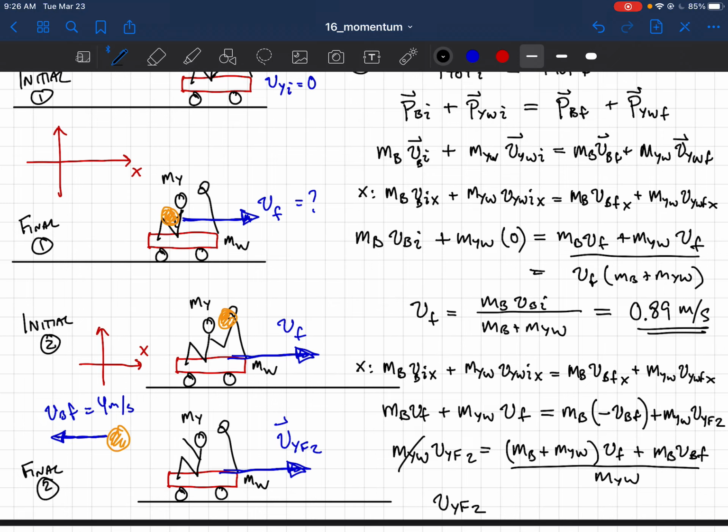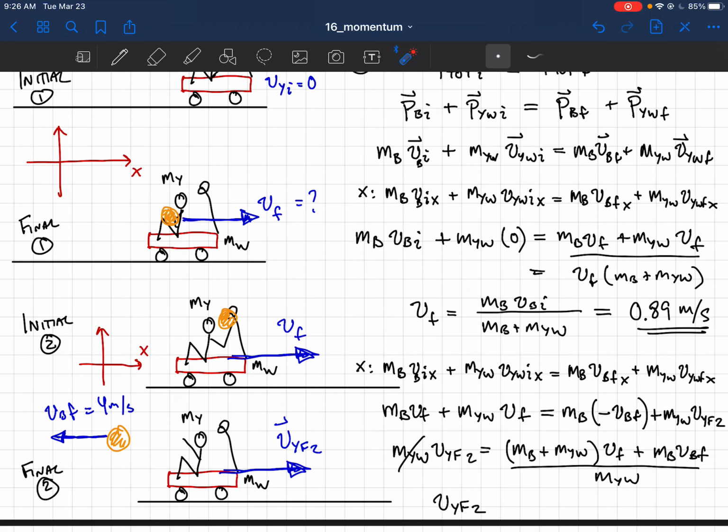So now we just plug all of that in. So we have m_ball, which is 10, plus you in the wagon, which is 20 plus 60, so that's 80. We multiply that by the final velocity that we got from the first case, which was 0.89.